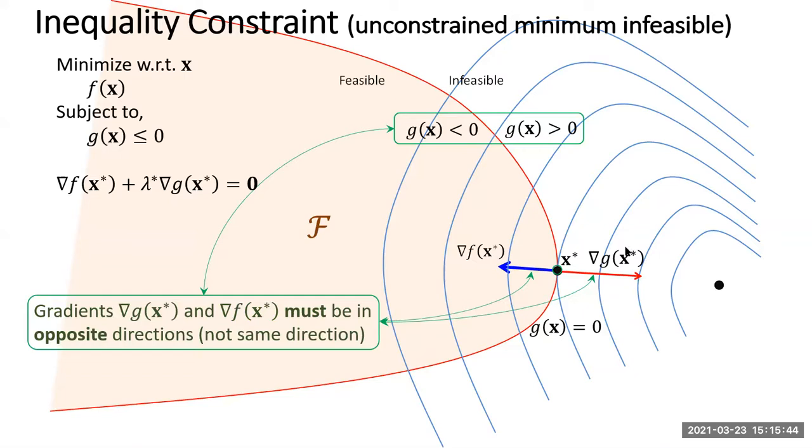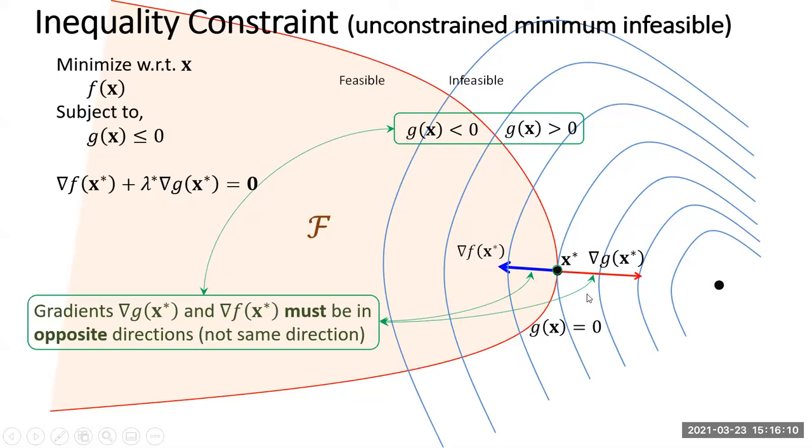Which means there must be some scalar, lambda star, such that if you multiply this with lambda star, the lengths become equal but they're in opposite directions. Then del f plus lambda star del g will be equal to 0, correct? But what will lambda star be in this case?